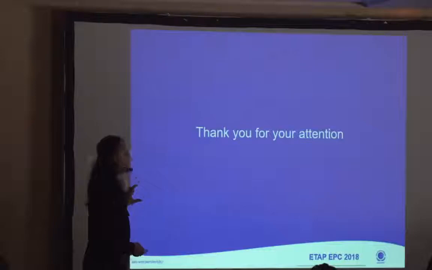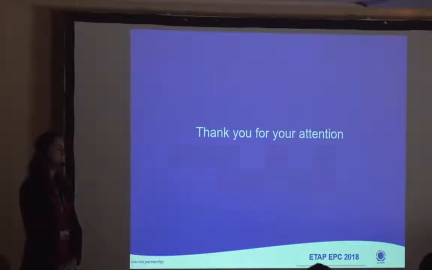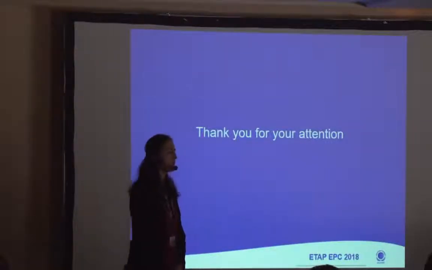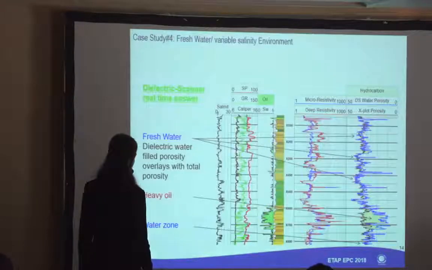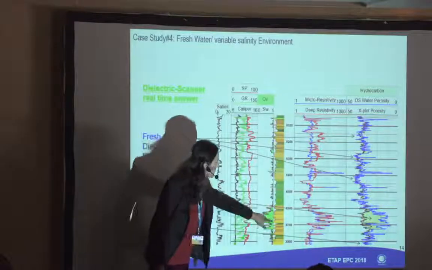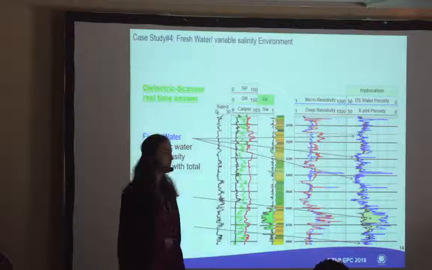For the interval where we showed the heavy oil, yes, this one. You see there the heavy oil, supposed to have carbonaceous material. How to differentiate between heavy oil and carbonaceous?